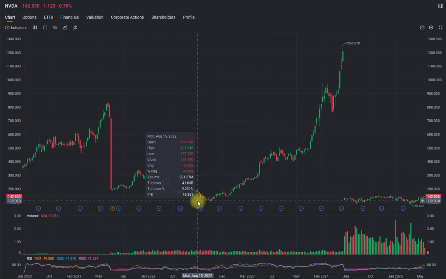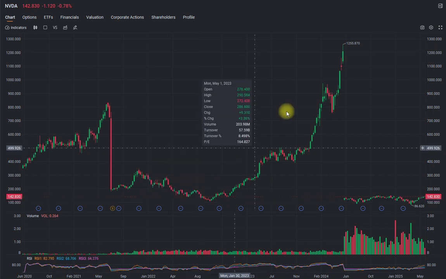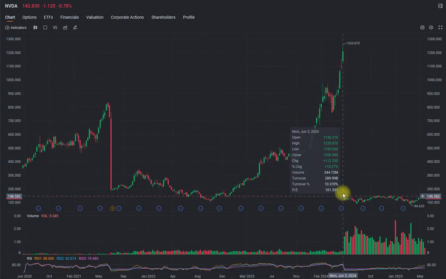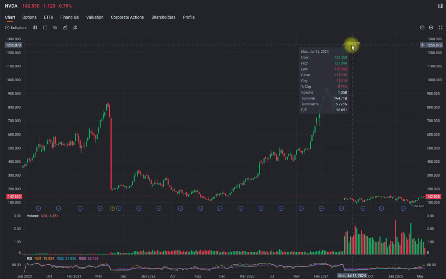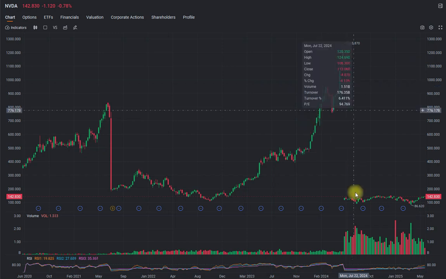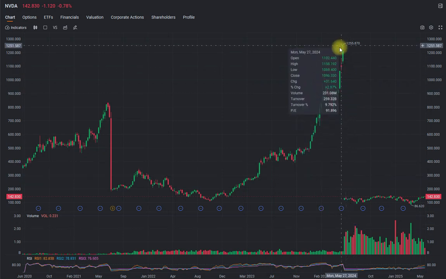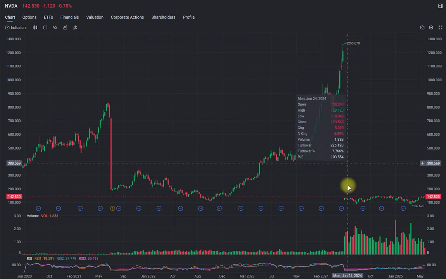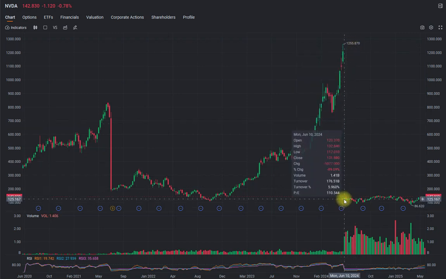The chart says it all, and those big moves down from 1255 to 125 is a split. So instead of owning one share worth 1255, investors are getting 10 shares worth $125 each, which is exactly the same. It just creates more liquidity, which is fine.